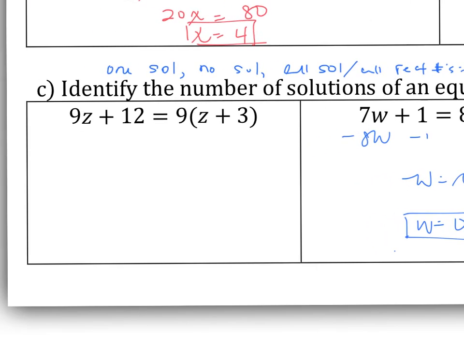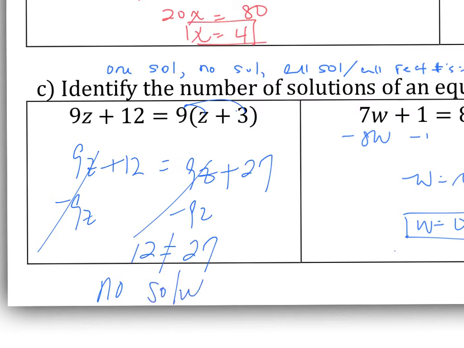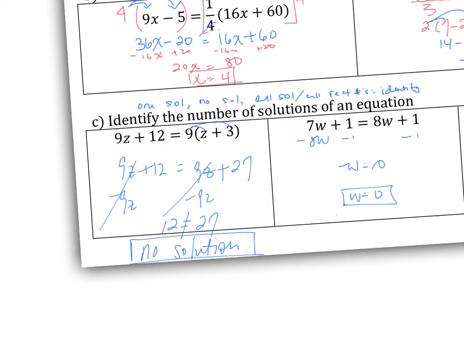So let's look at another one. 9z plus 12. Distribute the 9 on the right hand side. 9z plus 27. I'm going to put that together. 12 does not equal 27, so this one is no solution. So these 3 examples illustrate 3 different cases.